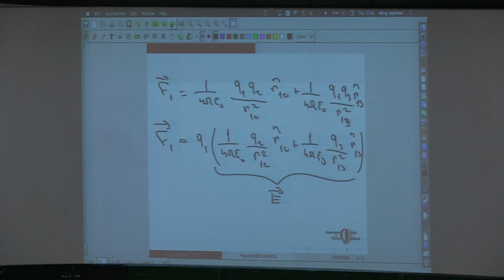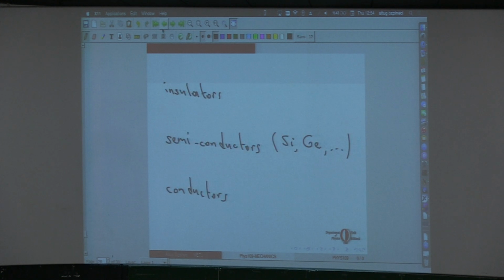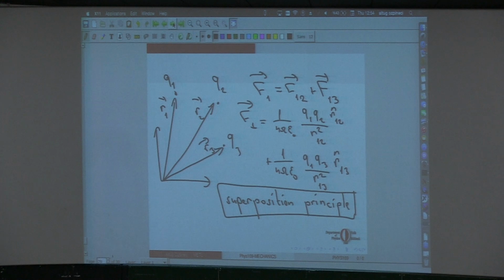So in this electric field concept, if we have these three charges, Q1, Q2 and Q3, they define what we call the electric field that covers all of the universe. And when you bring some charge over here, the charge only feels the electric field at that point.